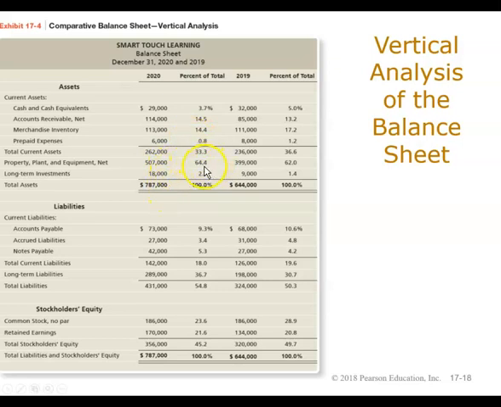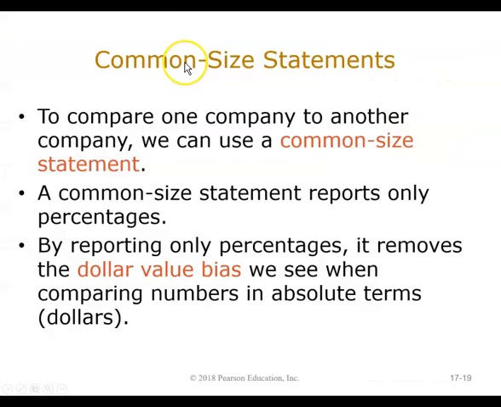If instead we were a service industry like H&R Block preparing tax returns, this would be a lot less because all they need is computers and a few buildings that they may even rent, and so they wouldn't have as much property, plant, and equipment. Instead, all of their items would be coming from salary, so they would actually see more expenses and they would not need as many assets to operate. Okay, so that is what we can see in a vertical analysis on a balance sheet.